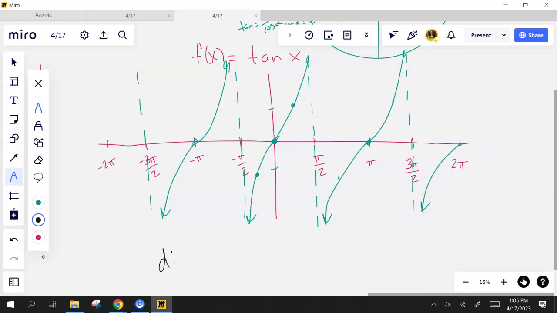So I'm going to say x cannot be. Instead of, well, to leave it out we could do interval notation and say from here to here. If I did interval notation, it'd look something like this: dot, dot, dot, union, negative pi over 2 to pi over 2, union.